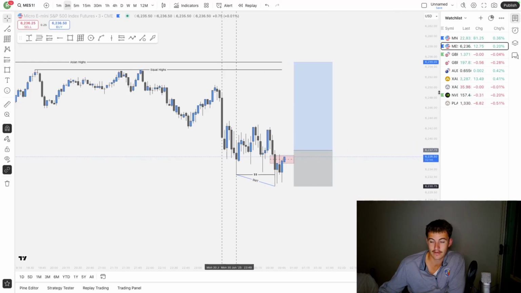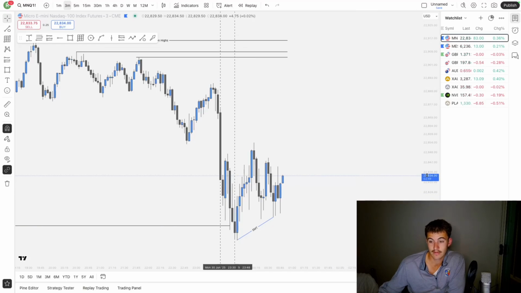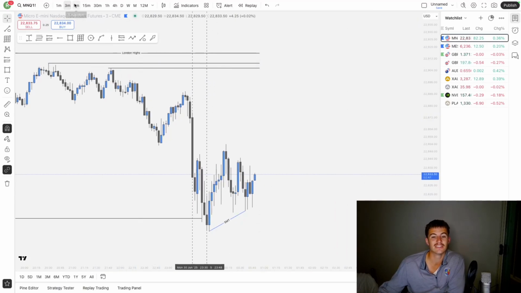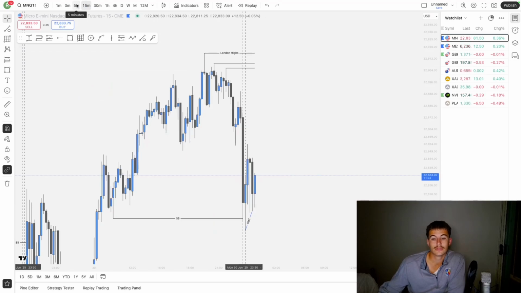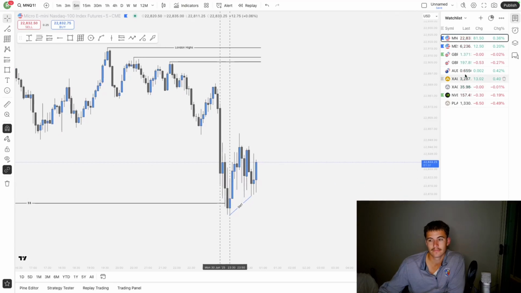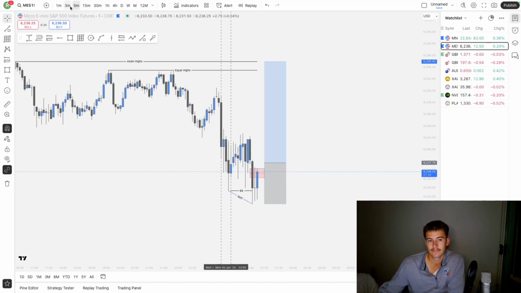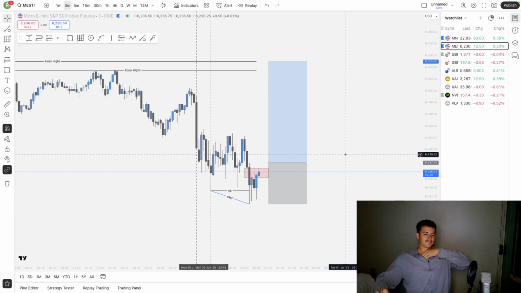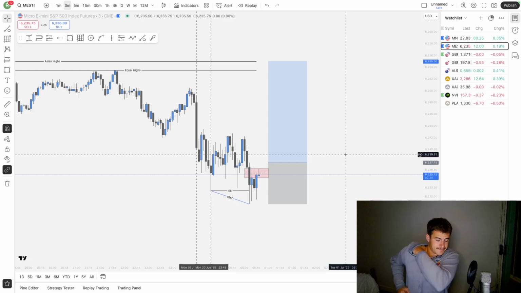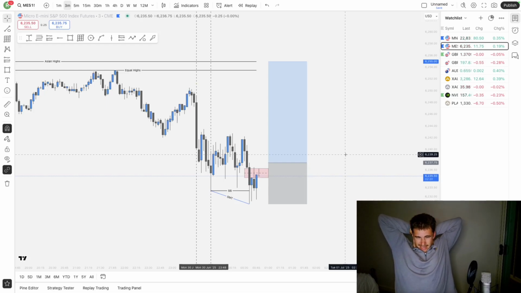Still haven't invalidated that fair value gap though. NQ, same thing. Super clear. I just need to make a call now, whether we're open to taking a trade or not, depending on the scaling stick closure.